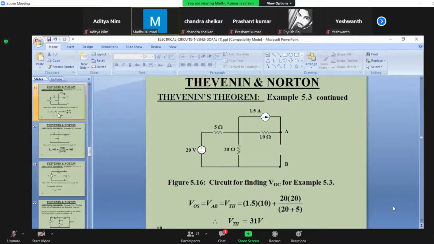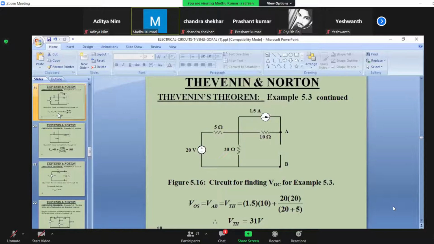In the second method you can convert this current source into a voltage source. Do you know voltage source conversion? Is source conversion known to you? No, ma'am. Here, this one is a current source. This current source is 1.5 ampere, and 10 ohm is parallel to it.